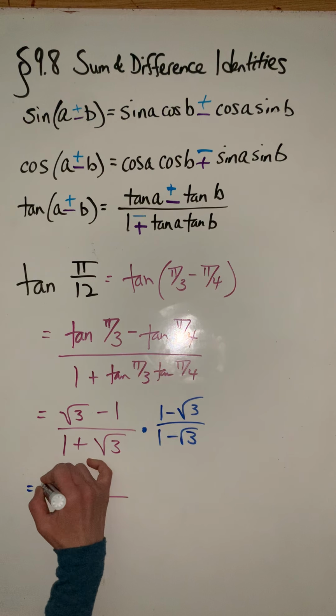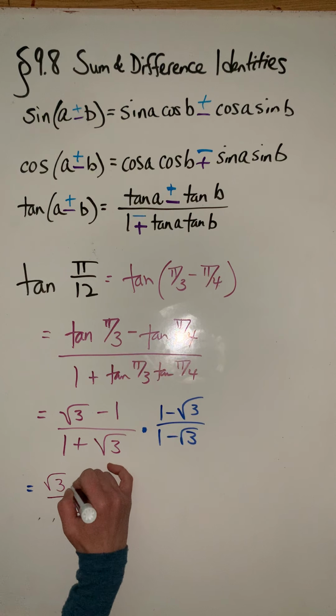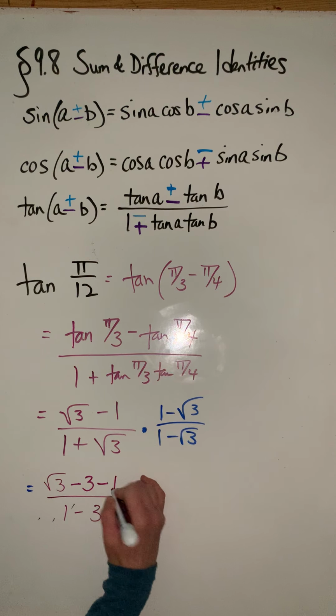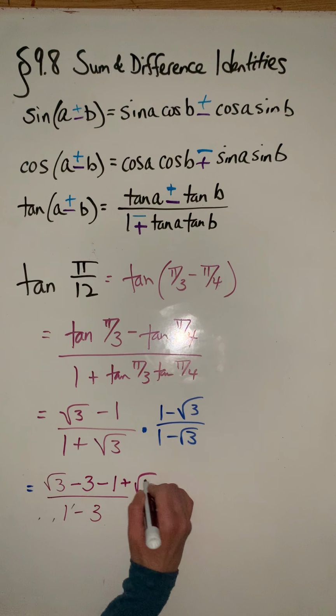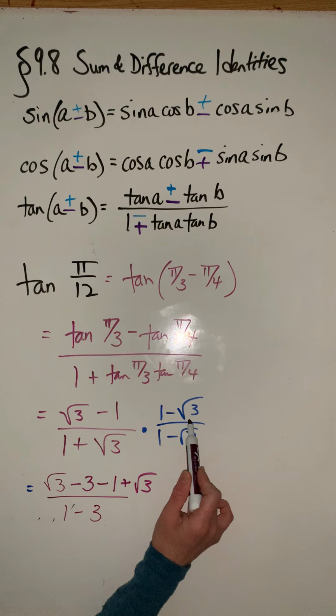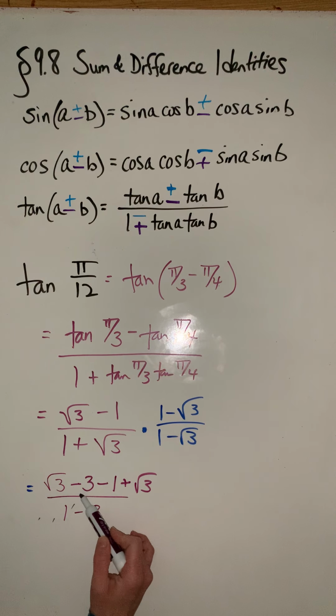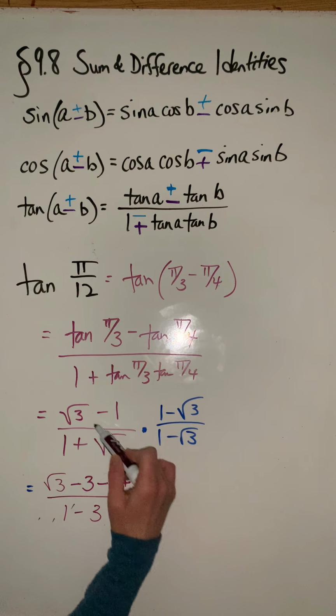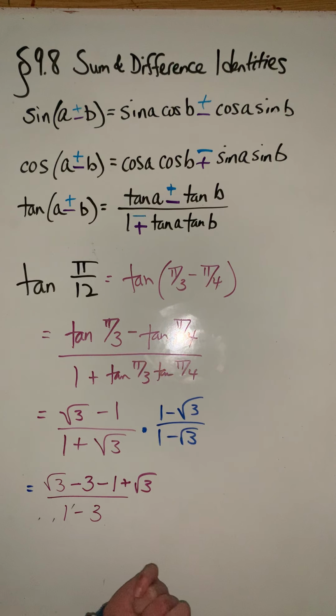And in the numerator, if we distribute, we get root 3 minus 3 minus 1 plus root 3. I just distributed the root 3 to both of those, right? And then root 3 times root 3 gave me that just 3 here. And then distribute the negative 1 to both of those, so that gives us positive root 3.